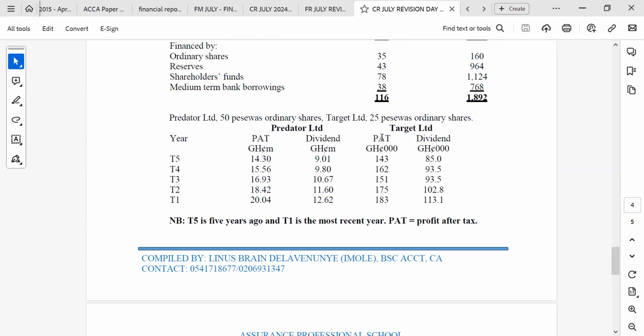So this one is already profit after tax. So 183 is the profit after tax. But the only thing you can take into consideration will be the tax effects on that particular one.